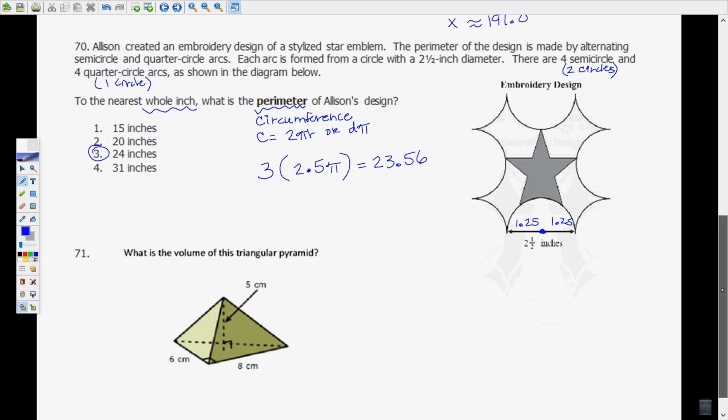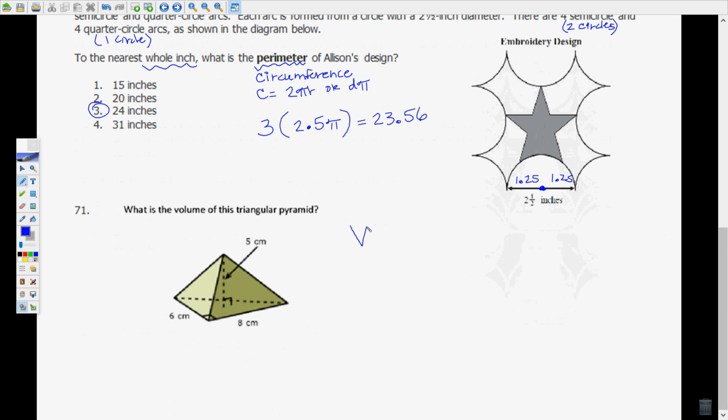Last one. The volume of a triangular pyramid is 1/3 the area of the base times the height. Capital B is the area of the base. This is a right triangle, that's what this little symbol is here. That's your base. To figure the area of your base, the area of a triangle is 1/2 base times height.